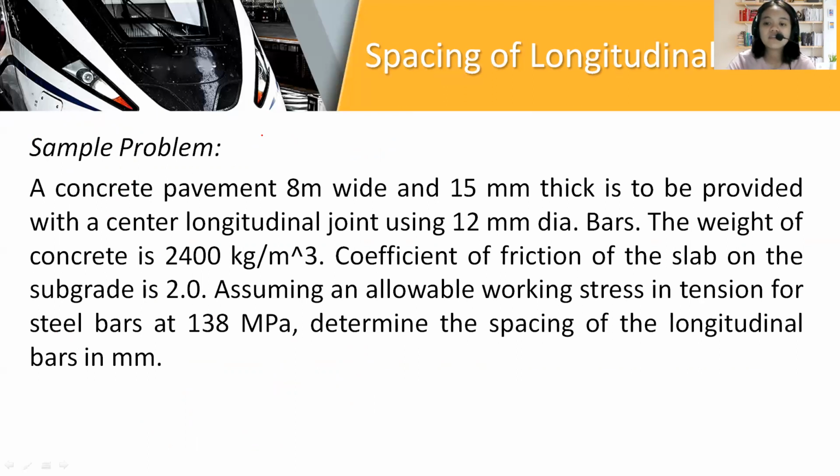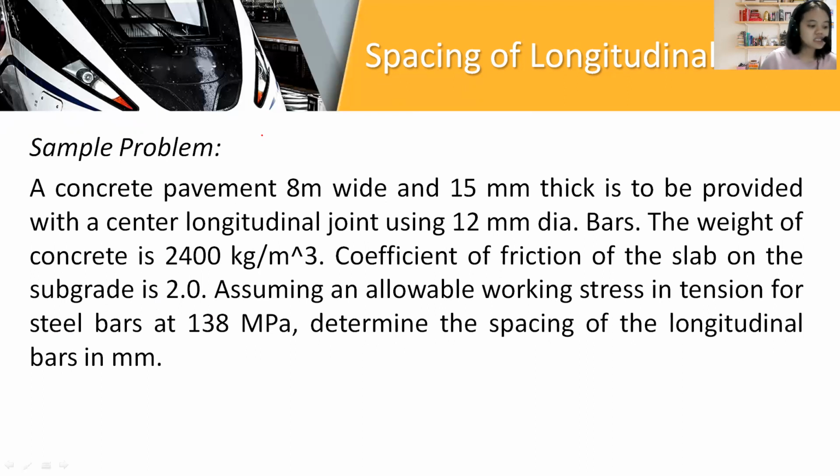Yung coefficient of friction is 2, and assume an allowable working stress in tension is 100. The steel bar is 138 megapascal. So now determine the spacing of the longitudinal bars. So how are we going to do that?